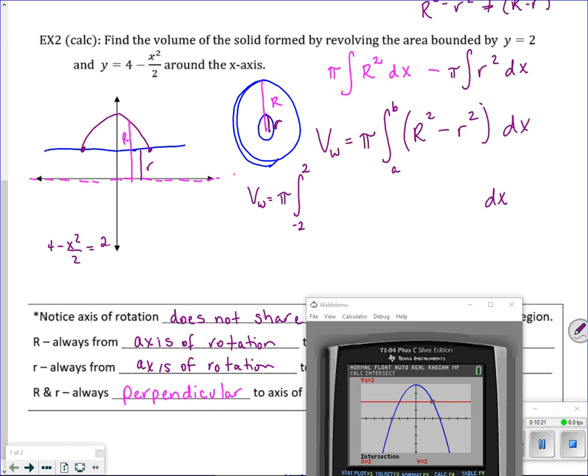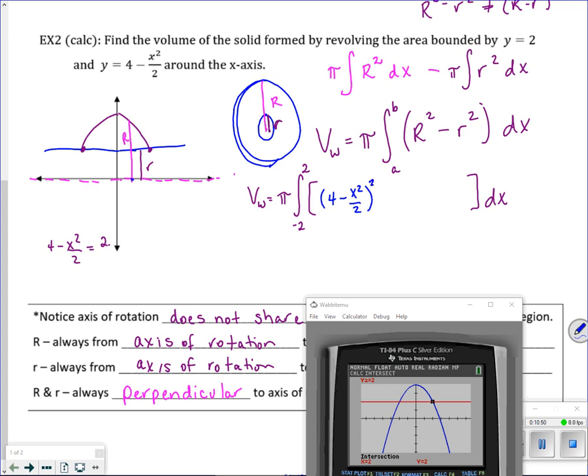Okay. Now, let's look at this next part. This next part is big R squared minus little r squared. I'm going to put a big bracket to make sure I'm integrating this. Now, what is big R? Well, just like we've done before, I'm doing top minus bottom. Big R is 4 minus x squared over 2 minus 0.